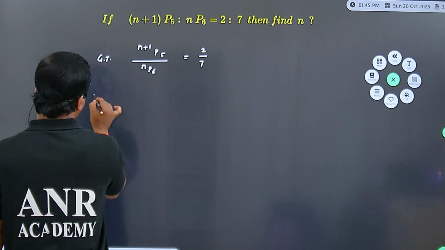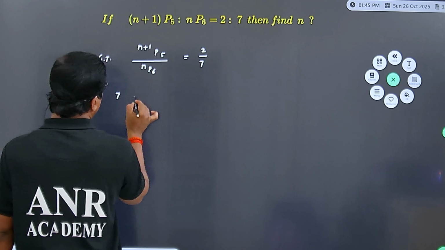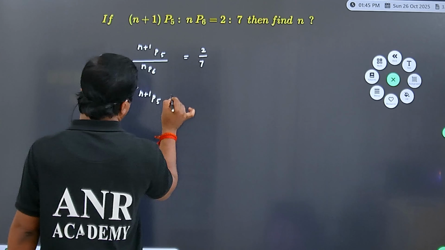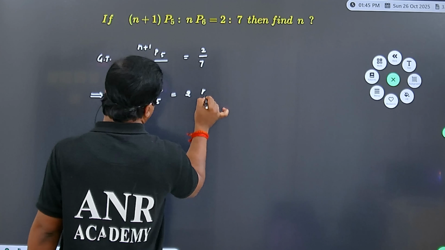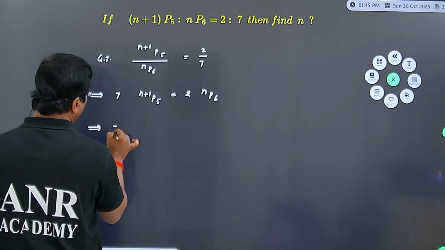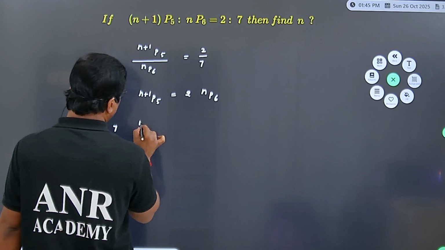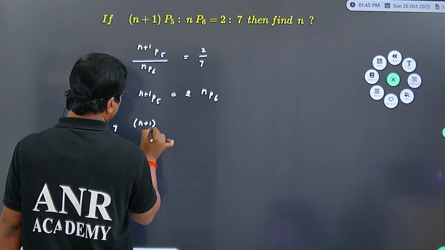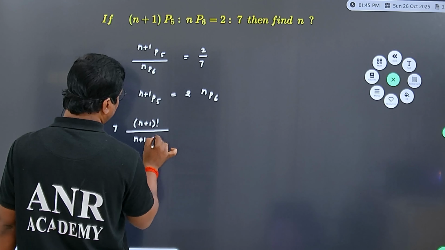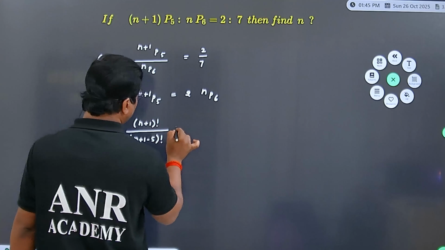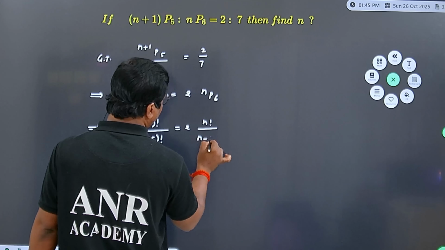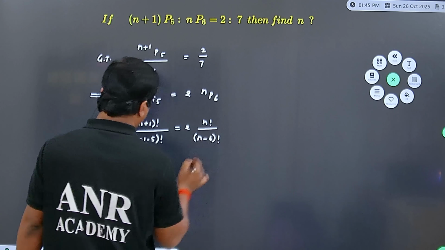On cross multiplication it is 7 times of n plus 1 P5 equal to 2 times of nP6. Again you can write n plus 1 factorial divided by n plus 1 minus 5 factorial. In the right hand side it is n factorial divided by n minus 6 factorial.